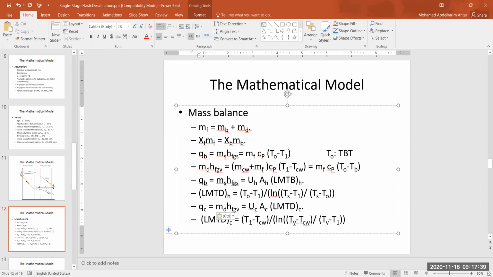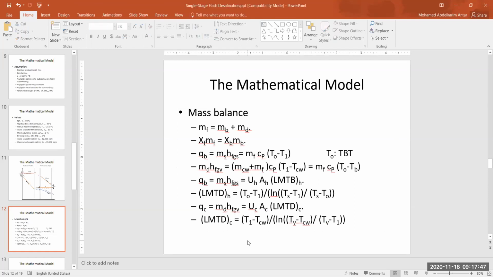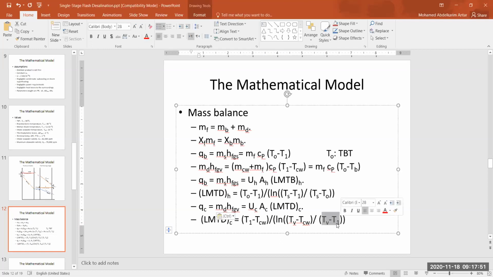And the log mean temperature difference is being calculated here. You have vapor, which is bringing the seawater from T cooling water to T1. TV minus T1, this quantity is what we refer to as the terminal temperature difference in the cold side.